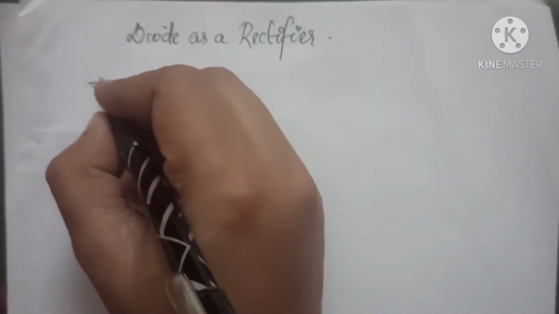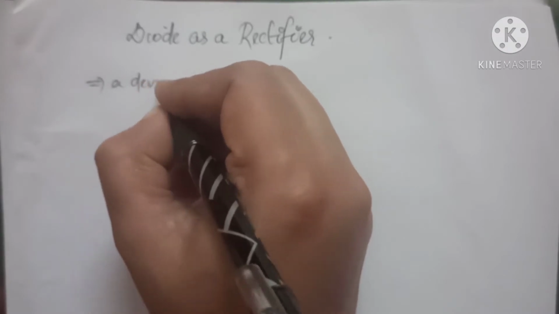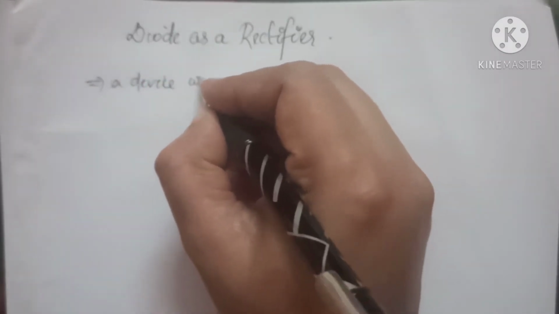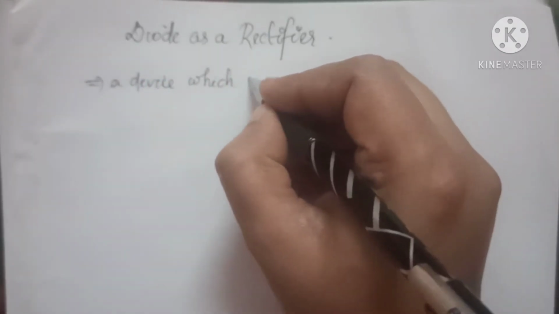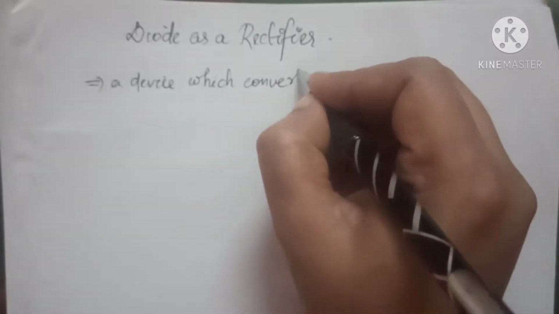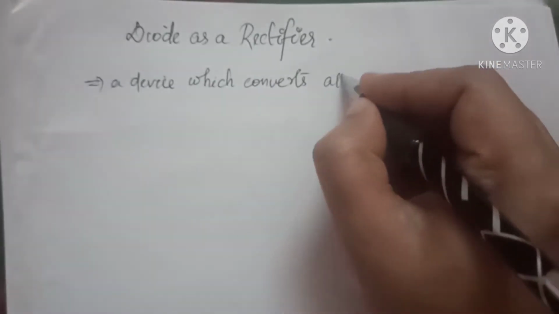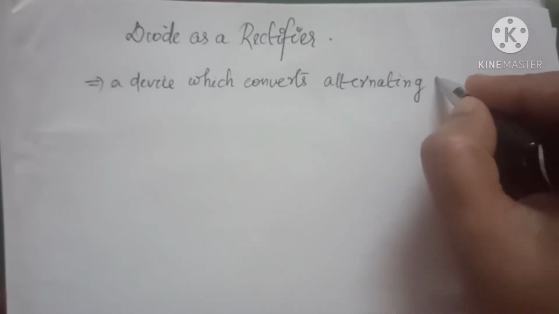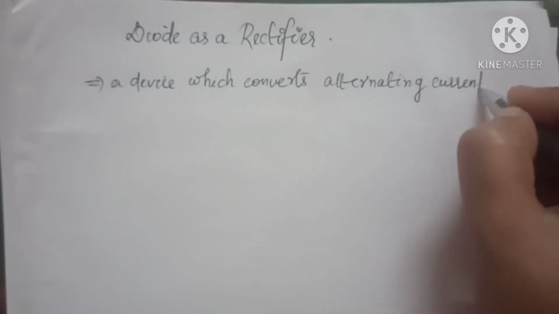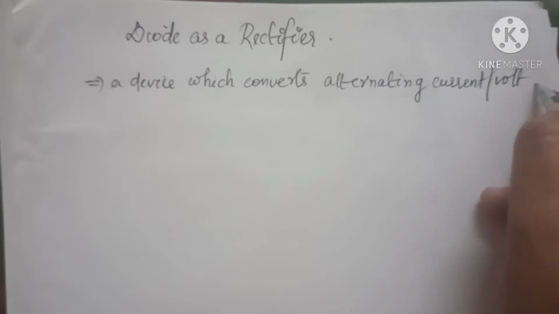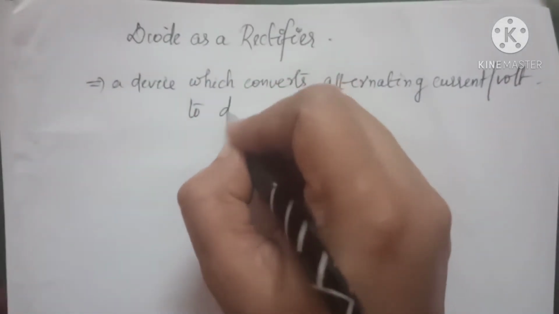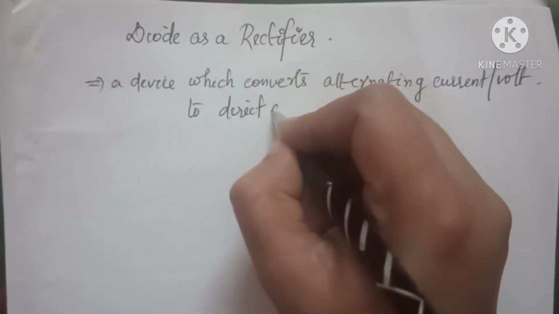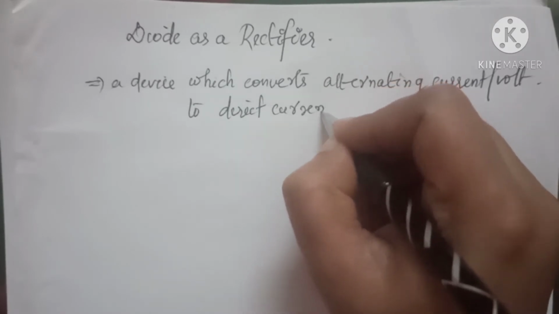Rectifier means it is a device which converts alternating current, you know that AC, alternating current or voltage to direct current or voltage.